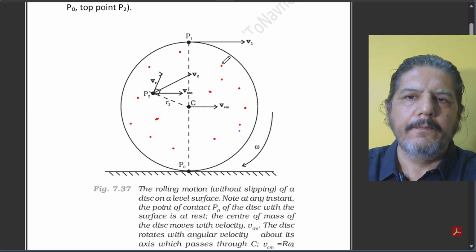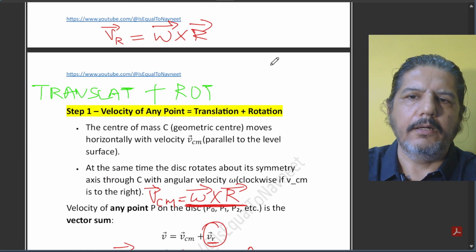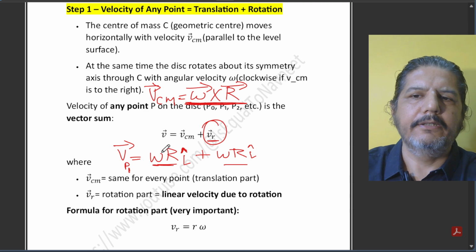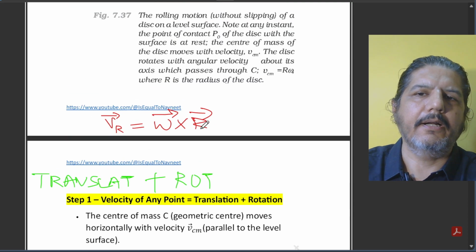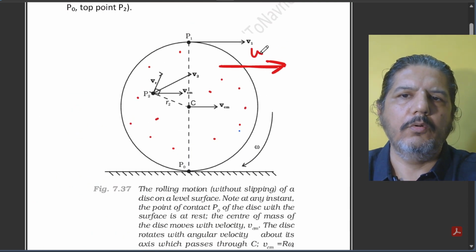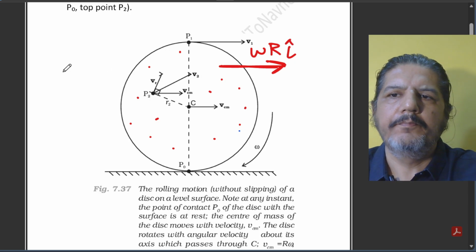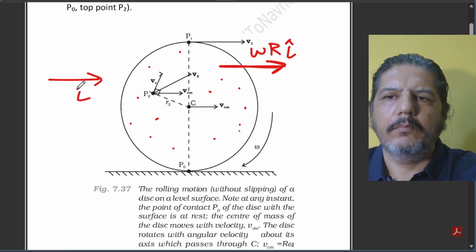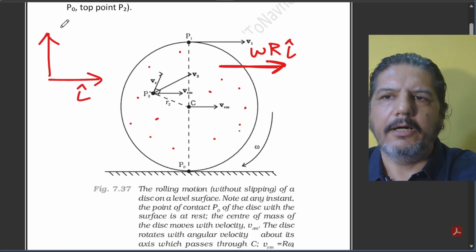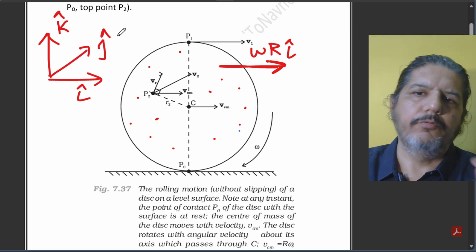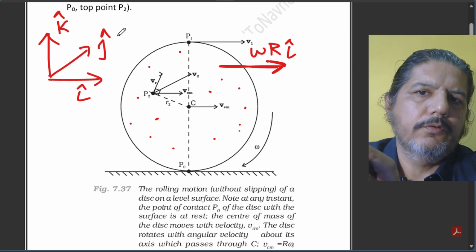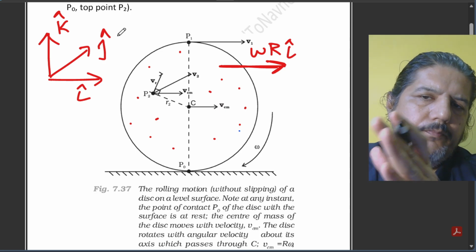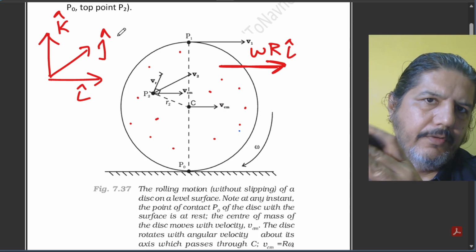In our case, we calculated this VCM would be given by omega r I cap. This is the Cartesian plot that we made, I, K, J. So VCM in our case is omega Ri in this direction because the wheel is rolling in this direction.